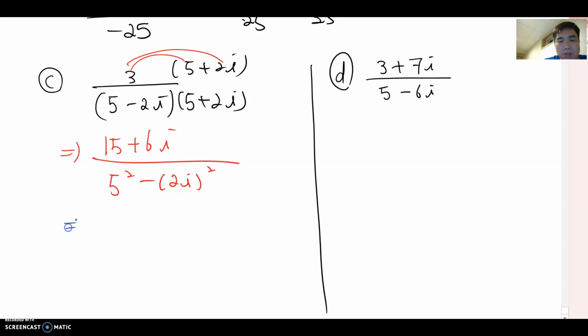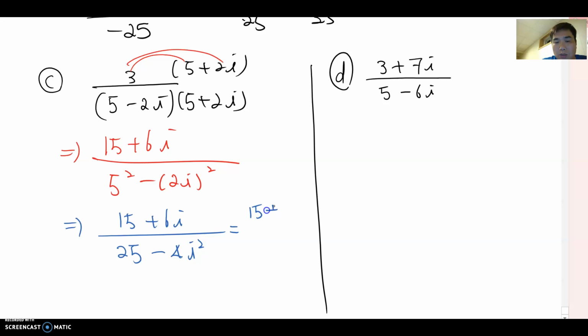Therefore, this becomes 15 plus 6i over 25 minus 4i squared. Now look here. i squared is negative 1, which is a rational number. So we can simplify: 15 plus 6i over 25 plus 4.